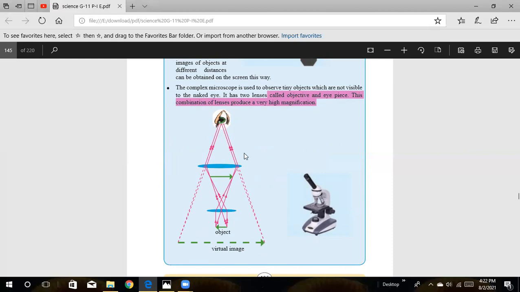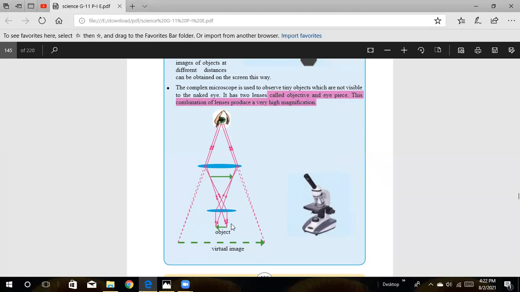And here there is very high magnification. In a simple microscope, it is magnified one time; here it is magnified 2 times, very high magnification. Two lenses here.